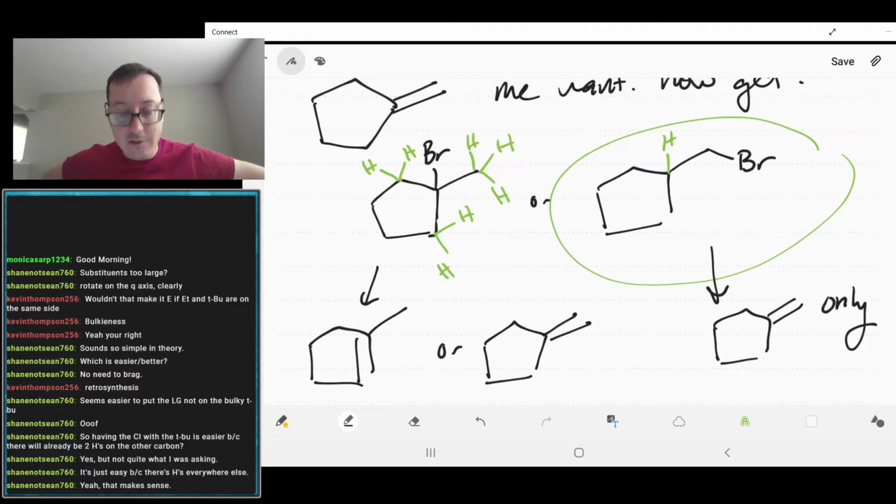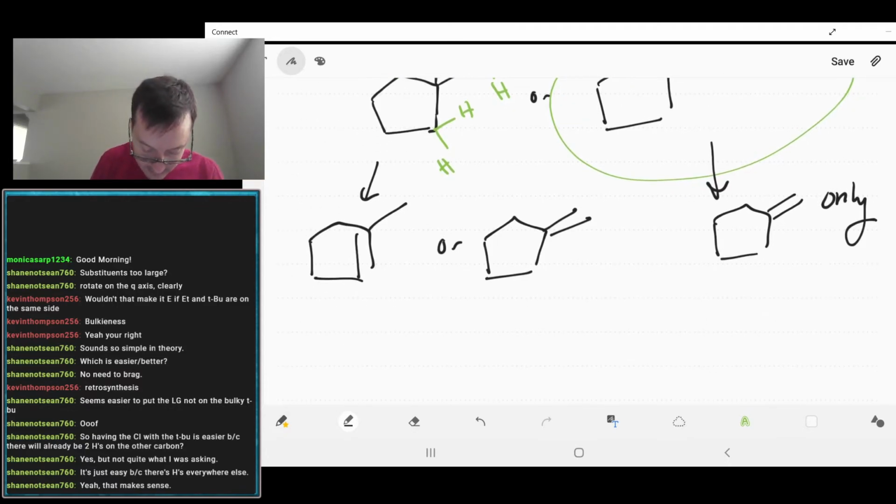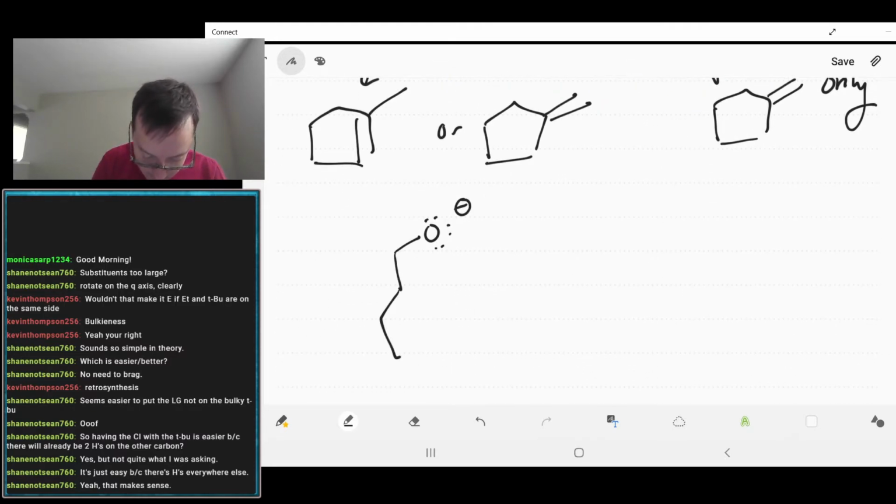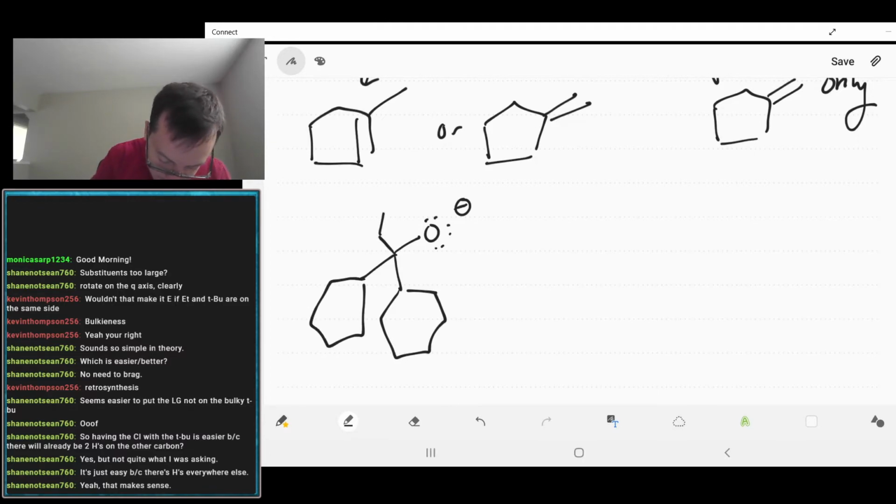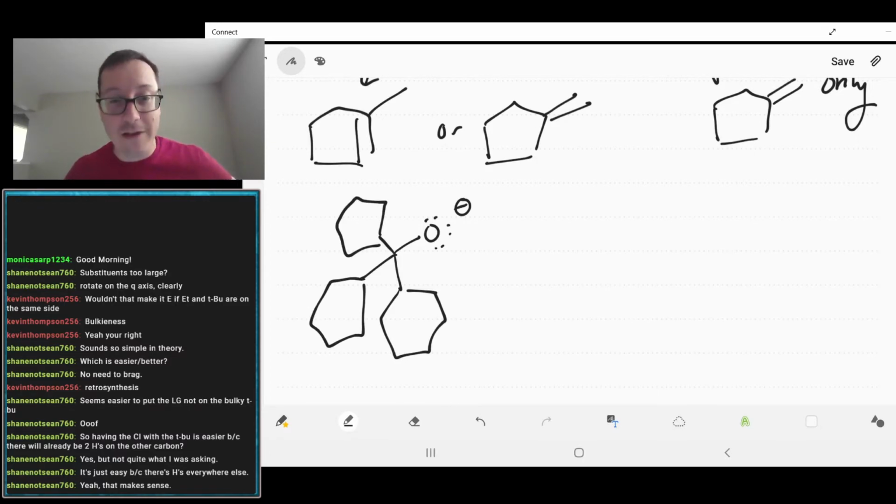So by using the super monstrous, here, let's do this one. Let's use this crazy base, tricyclohexyl methoxide. Why not? Some crazy, crazy bulky base. Maybe you'll end up getting your Hofmann product.